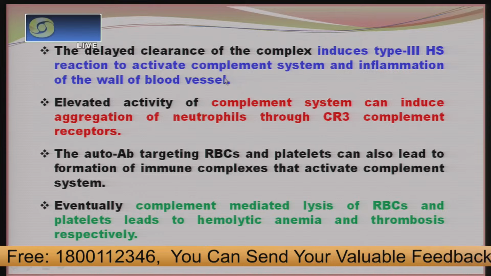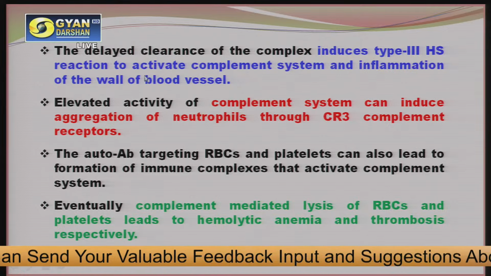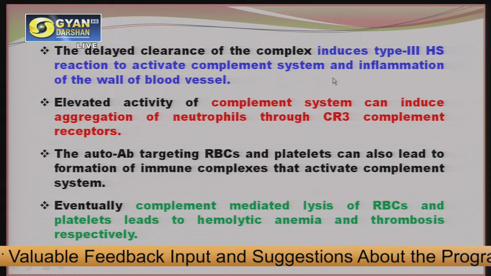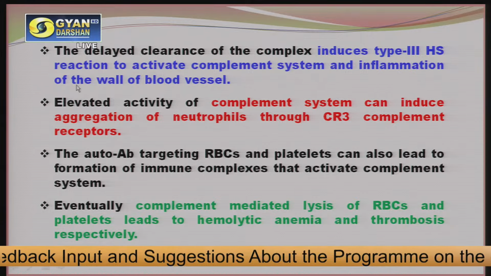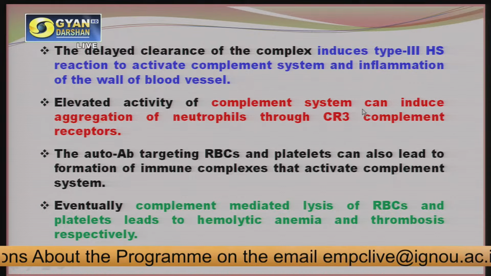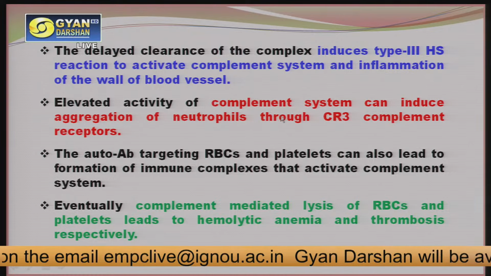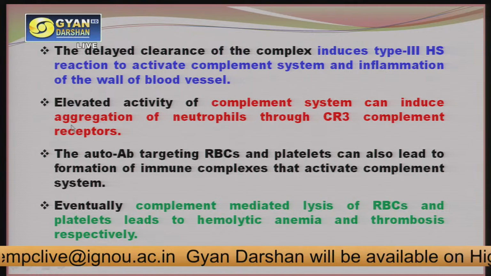And the delayed clearance of the complex induces a type 3 hypersensitivity reaction, which activates the complement system and causes inflammation of the wall of the blood vessels. Elevated activity of the complement system can induce the aggregation of neutrophils through the CR3 complement receptor.